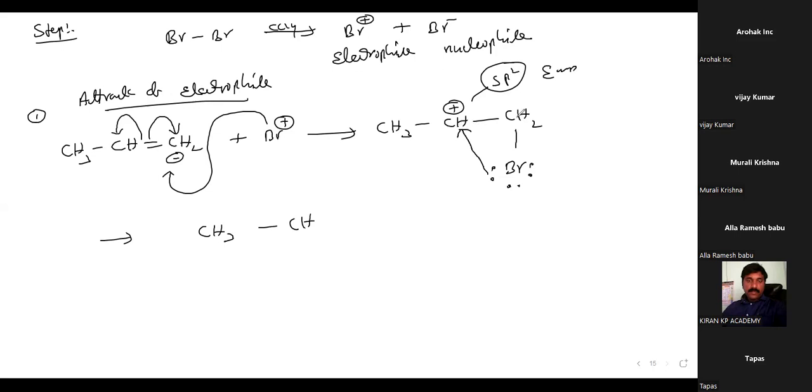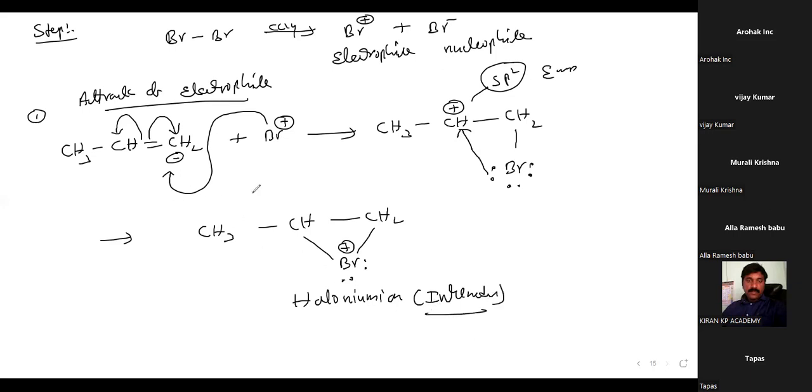No, because the nearby bromine has a lone pair of electrons, and this lone pair will be involved in bonding with the vacant p orbital of the carbocation. Therefore, this bromine ring is formed. It seems bromine is donating electrons, right? So the positive charge appears on bromine. This is called a halonium ion. This is the intermediate in the halogenation reaction.